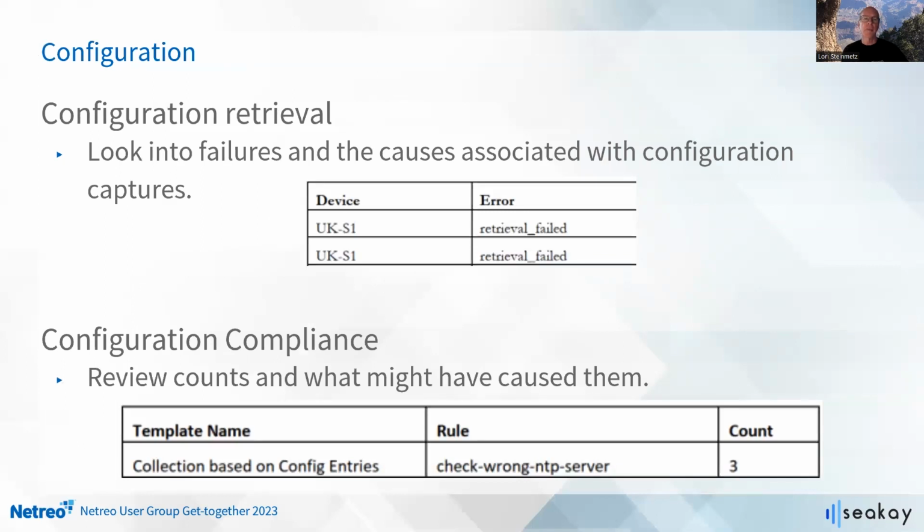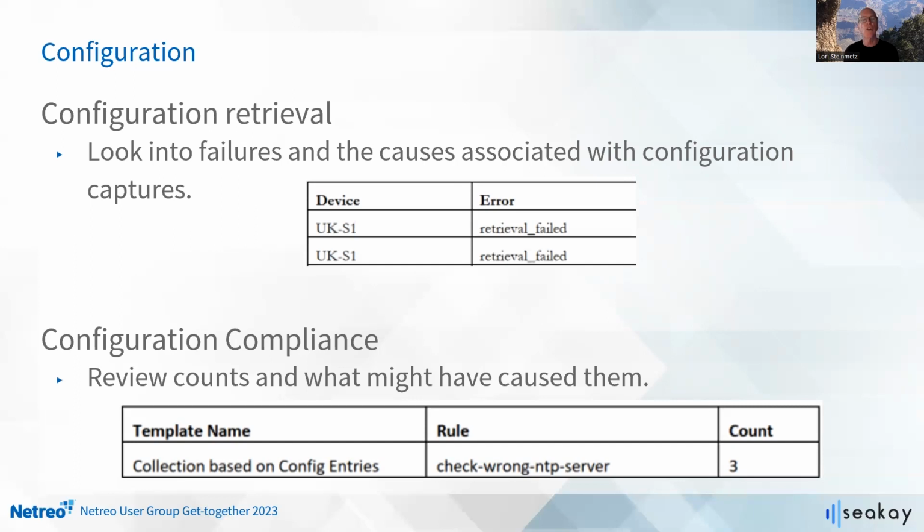Configuration retrieval. This is huge for your routers, switches, firewalls, things of that nature. Anything collecting a configuration. If you're not collecting it, it could be that a firewall rule has come up, or that someone has changed the login for the device for Netreo, and so that needs to be updated or fixed.